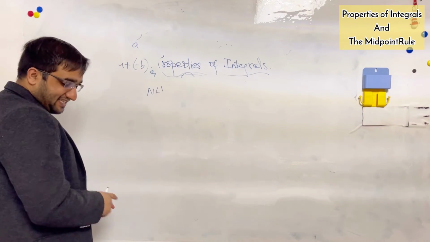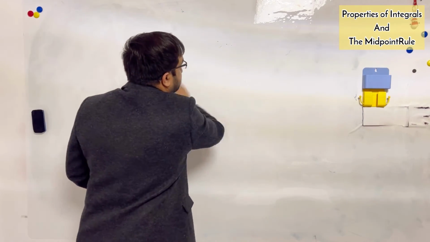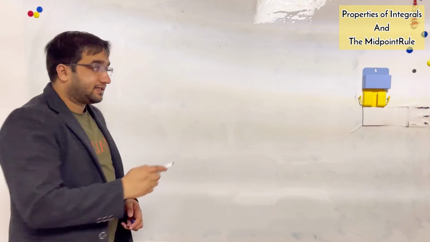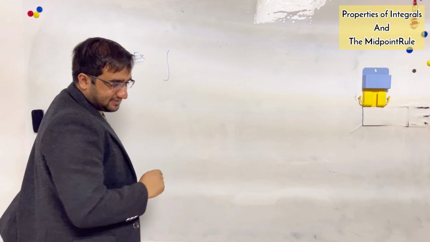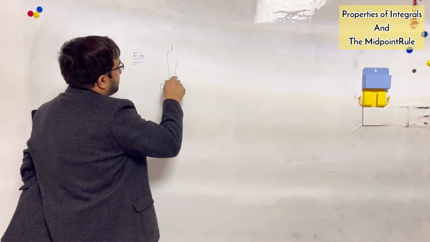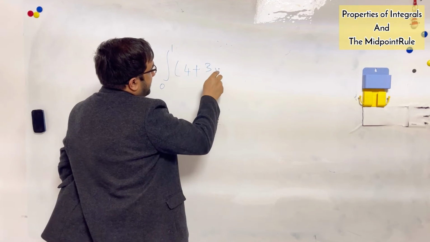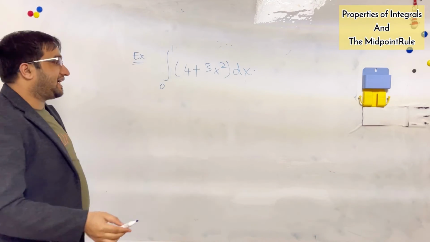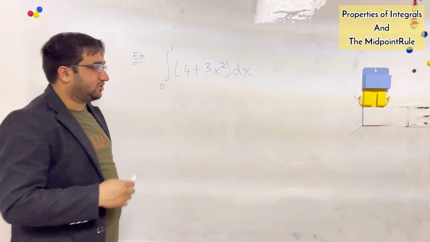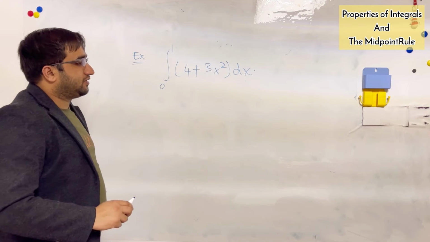Okay, let us do a very simple example of the integrals. Solve the integral 0 to 1 of 4 plus 3x square dx. So you are going to apply all those properties, 1, 2, 3, whichever is applicable here, to solve this integral.